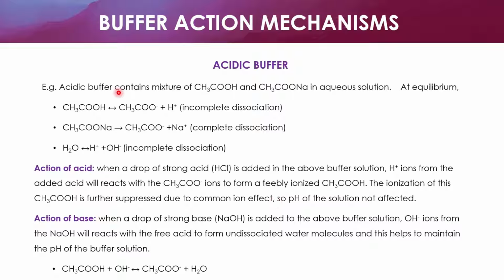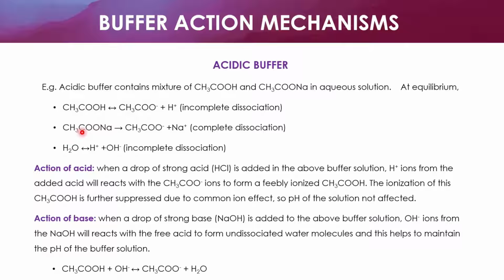Taking the acidic buffer containing a mixture of acetic acid and sodium acetate in aqueous solution as an example, at equilibrium, the acetic acid, which is a weak acid, will undergo an incomplete dissociation to form acetate ions and hydrogen ions.